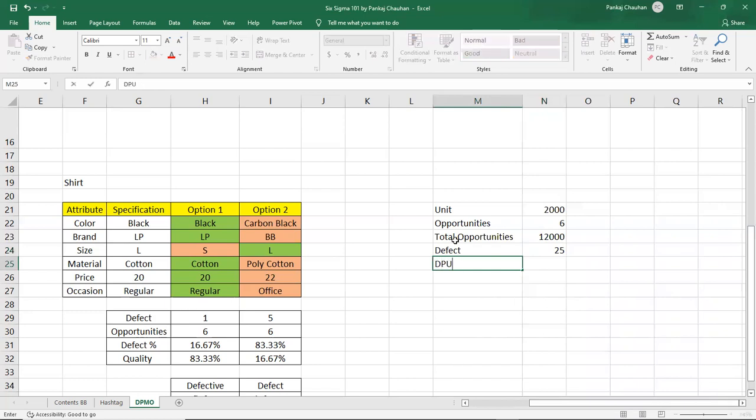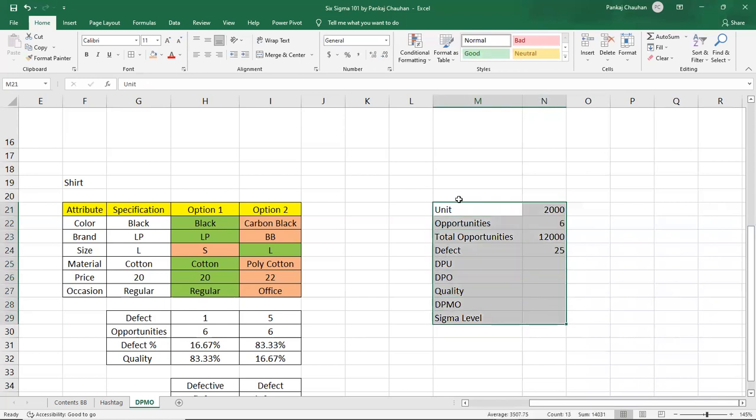I have to find out my defect per unit, defect per opportunity, quality percentage or yield percentage, defect per million opportunities, and my sigma level. All these calculations I will be doing now. So based on this data, let us understand how to do them.